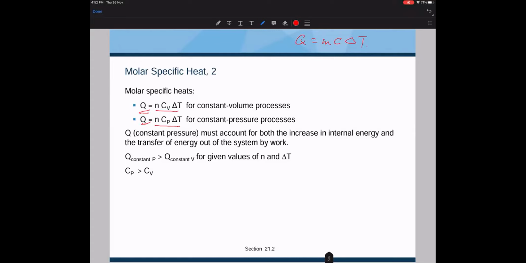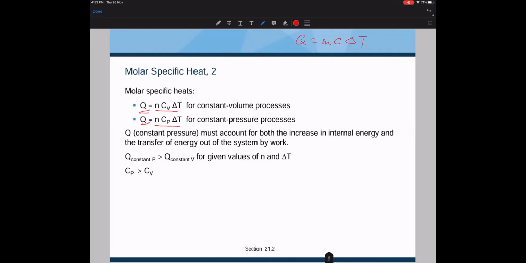And it does not depend on the process, because in the case of a liquid and solid, the volume does not change a lot when you heat up the liquid or solid. So different processes do not apply in the case of heating or cooling of liquid and solid.